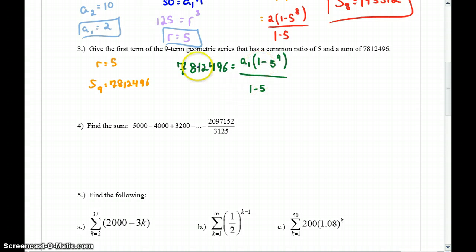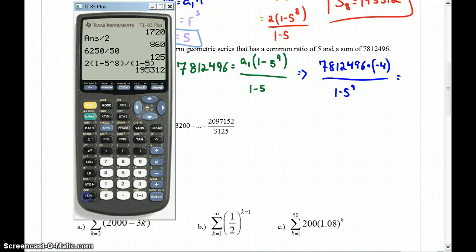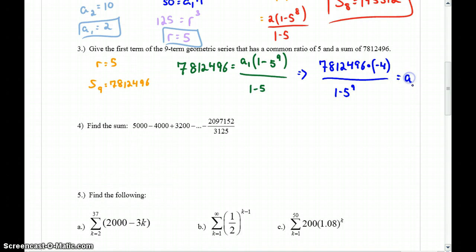If I multiply this over to both sides, I have 7,812,496 times 1 minus 5, which is negative 4, and I multiply that over to the other side, and I divide by 1 minus 5 to the 9th. Plug this into your calculator, you should get your answer, just solving for a1.